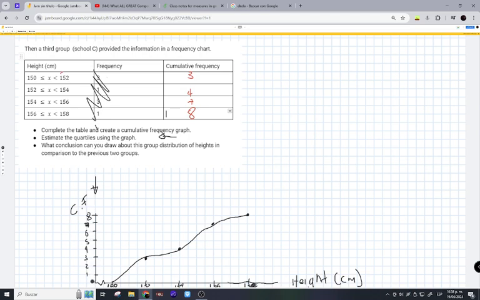So what's the half of 8? 4. So over here, it's the 4th value. And let's see where it intersects with the curve. Exactly over here. We are lucky, we know that 4 is exactly here.